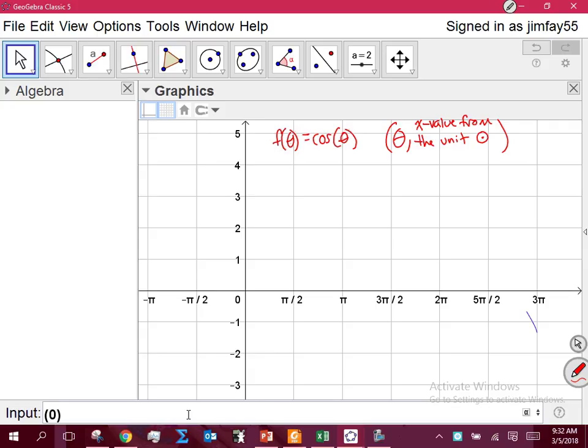That t was introduced in like section 6.1 and stuff like that, being that arc length. I personally feel comfortable with theta a little bit better, the angle measurement. So if I'm thinking about an angle measurement on the unit circle of 0 degrees or 0 radians, what would be the x value of that 0 radians on the unit circle?